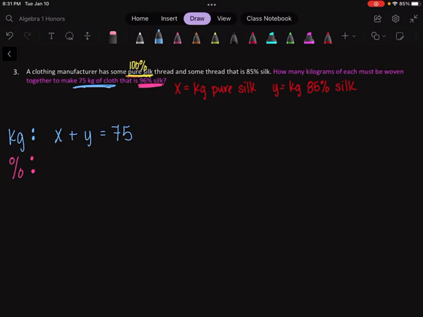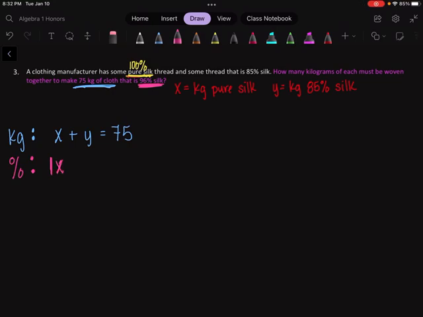And then we have the percentage one. So we're going to have to multiply the kilograms of silks by its percentage. Okay, so it's basically percentage times kilograms of pure silk, plus percentage times the kilograms of 85% silk, is equal to the percentage times the total kilograms of silk. So what does that mean that I just said out loud? That means 100% we know is just 1, right? 1x.